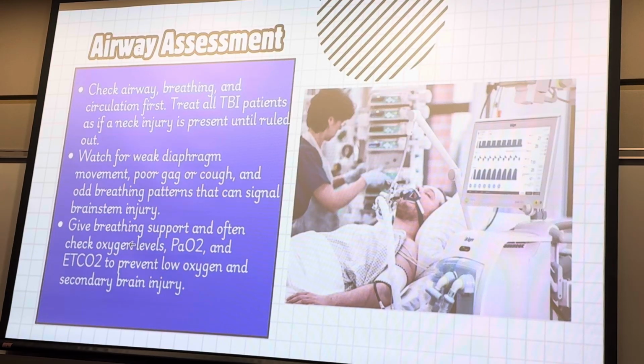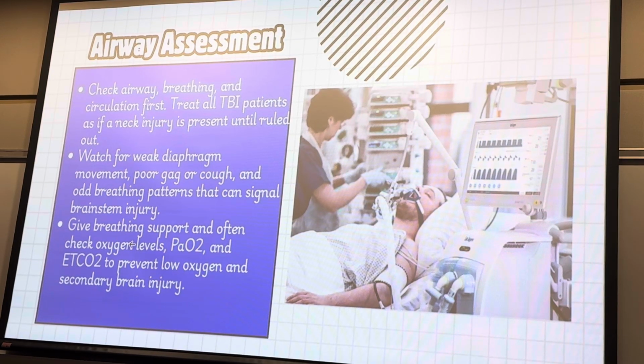First things first, check that airway, breathing, circulation. Your ABCs of your patient. I'm going to check that airway, making sure those neurodeficits are not causing any effects on my respiratory system. So things like your diaphragm. Making sure I don't have some type of irregular breathing pattern.